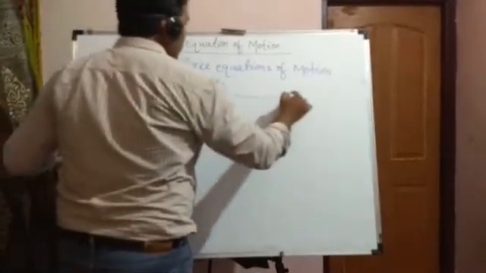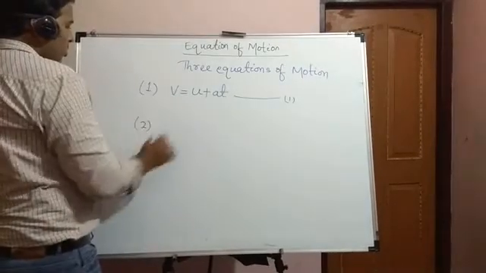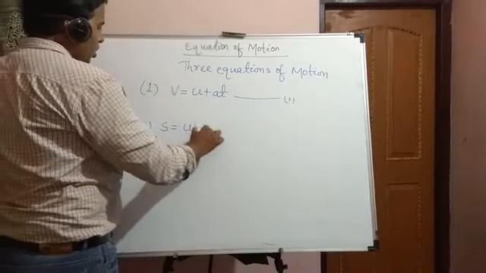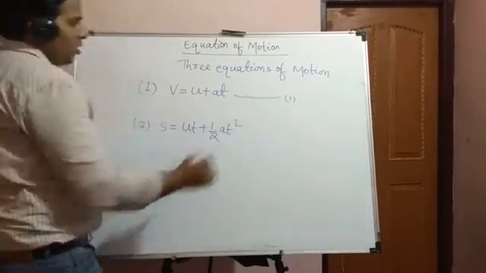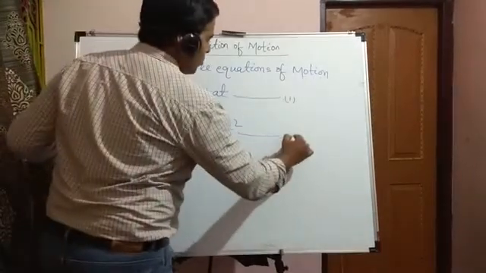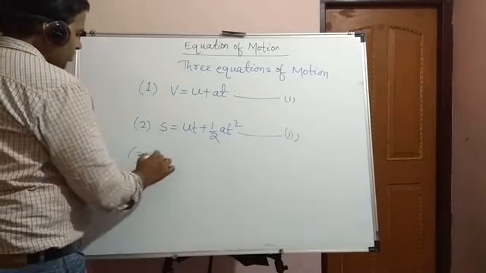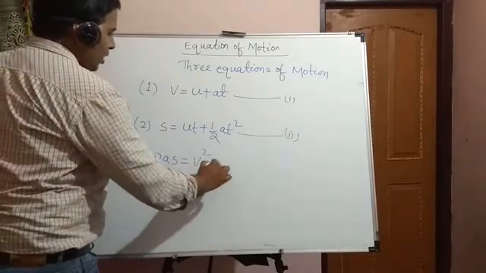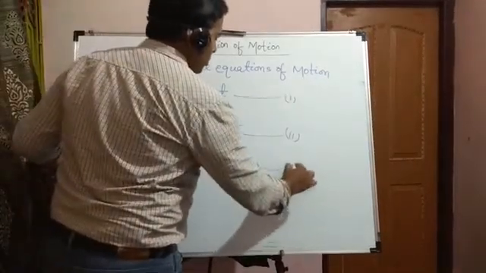The second one: s is equal to ut plus half at square. That is equation number 2. And the third equation: 2as is equal to v square minus u square. The third equation.